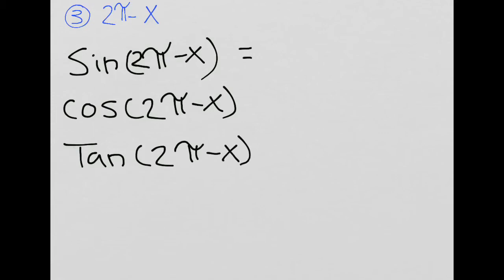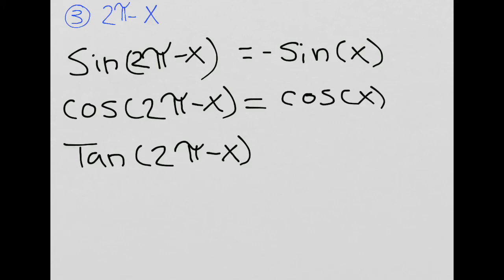We know that 2 pi equals 360 degrees, and 360 degrees minus an acute angle would always put you in the fourth quadrant. We know sine is negative in the fourth quadrant, cos is positive in the fourth quadrant, and tan is negative in the fourth quadrant.